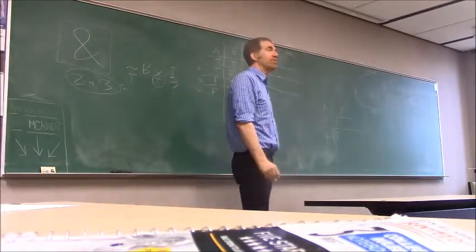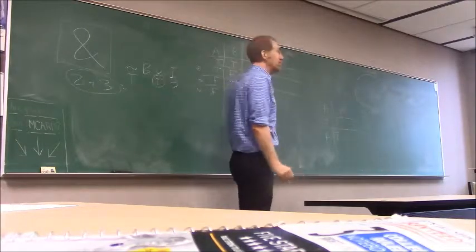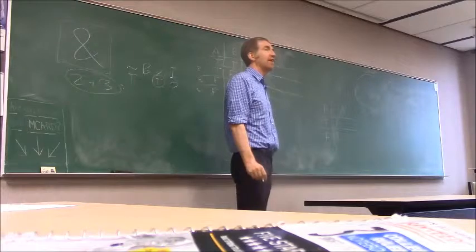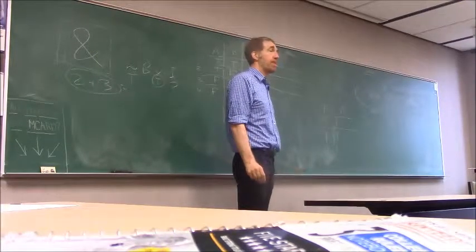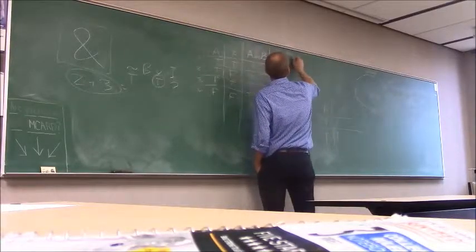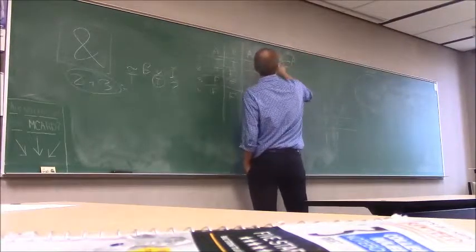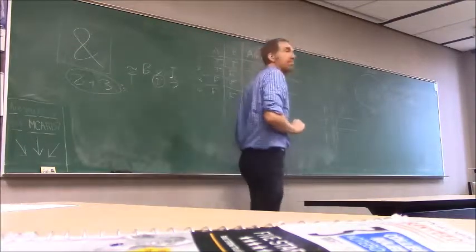I said it was equivalent to what two words? If not. So how would you symbolize A unless B? If not B, then A. Okay, so I can work out the truth table of unless if I work out this truth table.